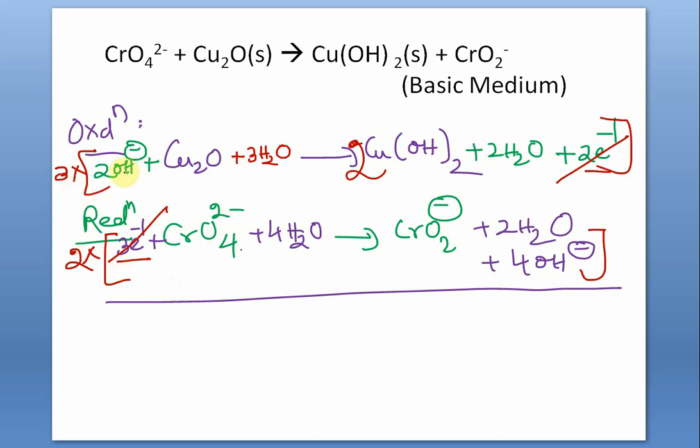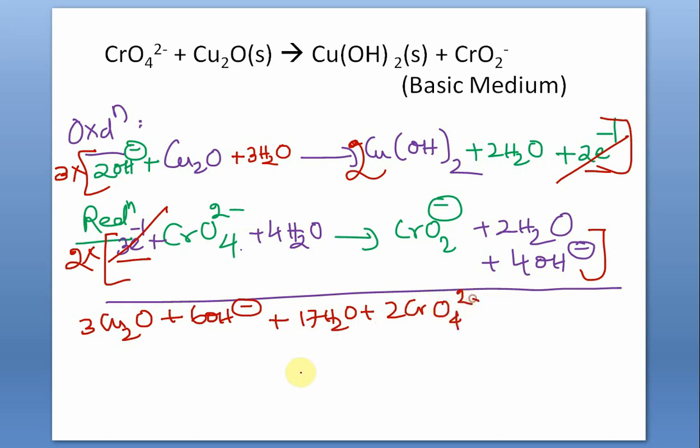So this will be 6 OH minus and 3 Cu2O, 3 cuprous oxide plus 6 OH minus plus, 3 3s are 9, 4 2s are 8, 9 plus 8, 17 water plus 2 chromate. 2 is to be multiplied.